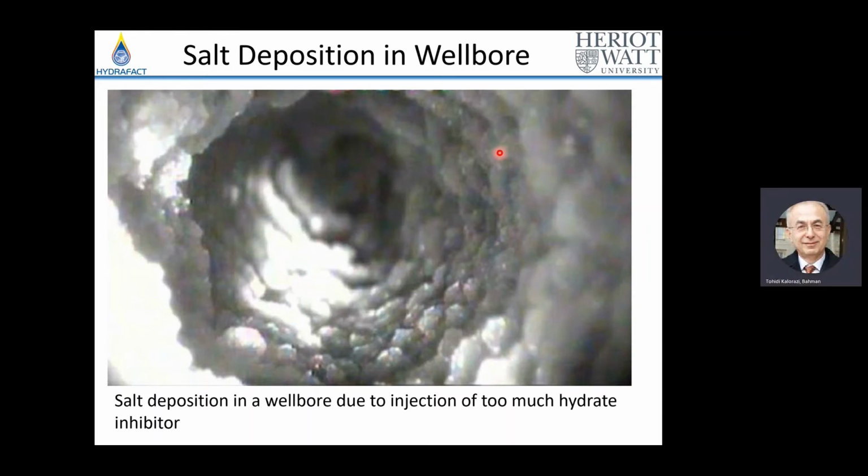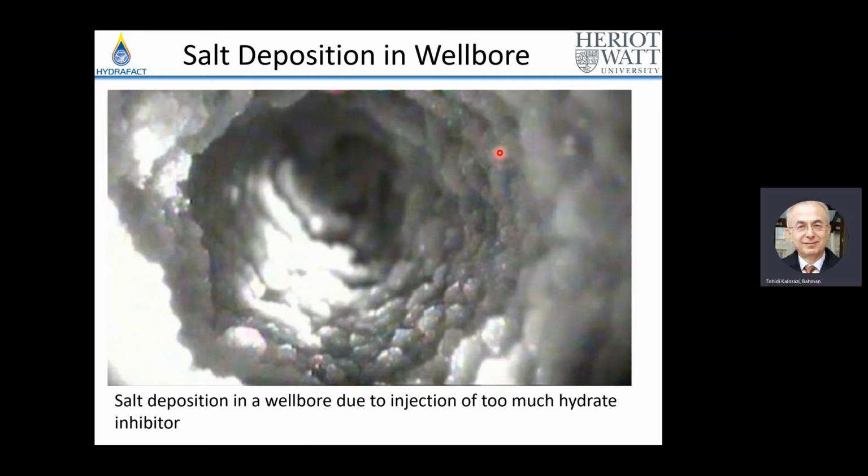After a while, formation water started production, and still they continued using methanol, while the formation water had salt. Salt is a hydrate inhibitor. They should have taken that into account.